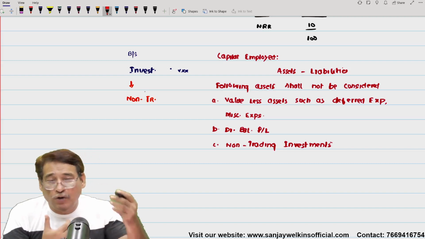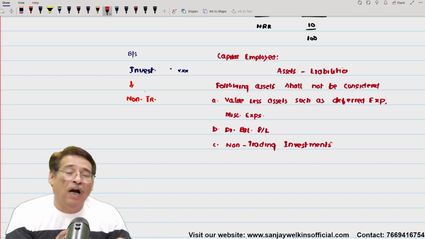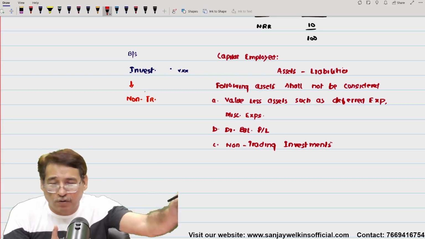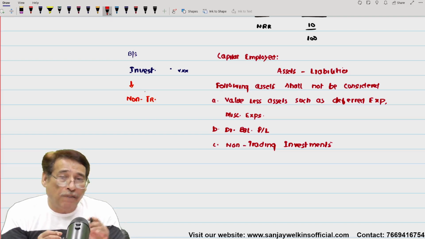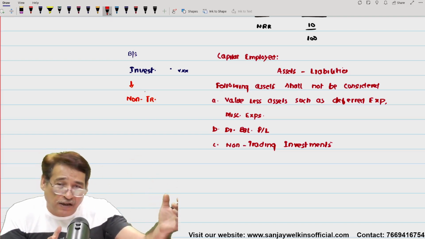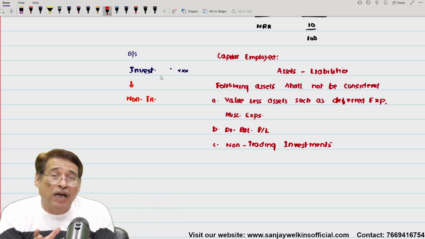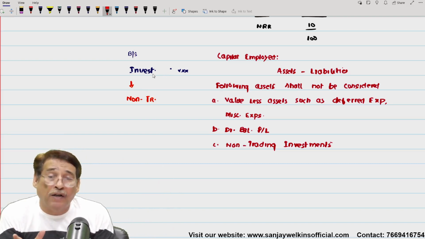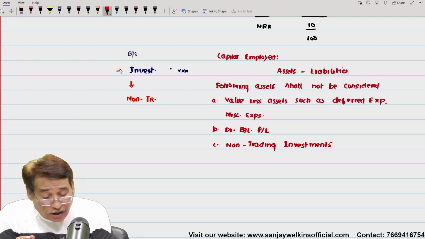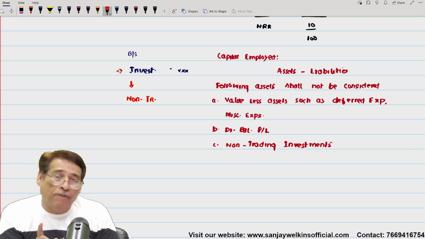Because when I make some investment in another entity, I will have to provide funds to that entity to get their shares or debentures, isn't it? So my funds are being utilized by other entities. We are not utilizing these funds. That is why they are considered as non-trading. Investments in the balance sheet are always non-trading. You have to understand this.